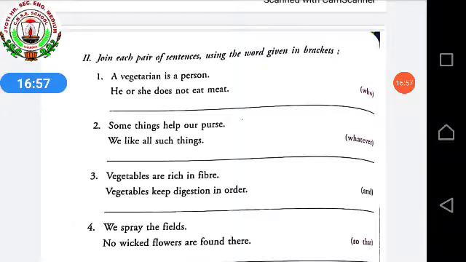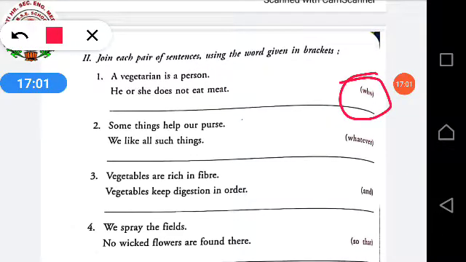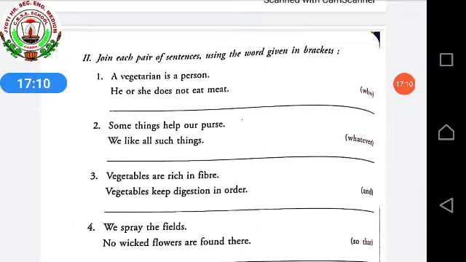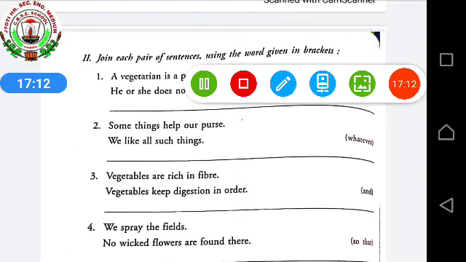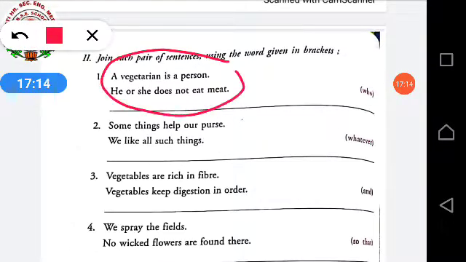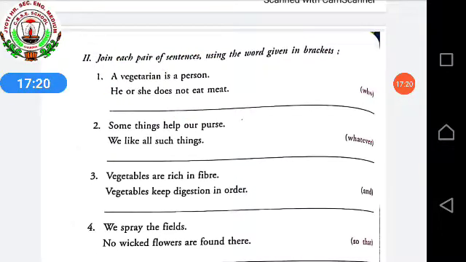Like the first one, who. Who is the word given for the first question. You have to join this pair of sentences using the word who. I'll be telling you the answers to only a few questions and the rest you have to do by yourself. Clear?